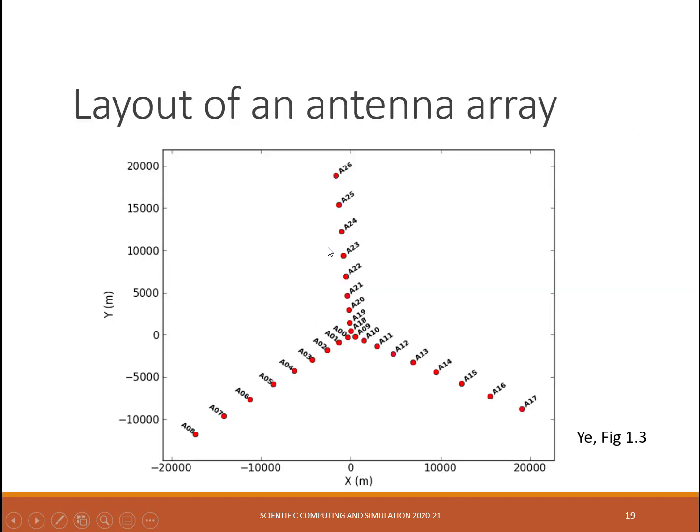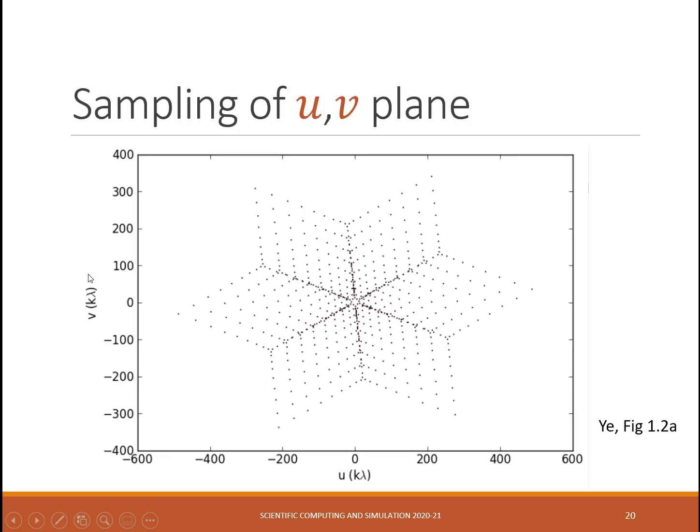This slide shows a possible physical layout of 27 antennas. The red spots here represent antennas, and antenna names are written adjacent to them. This plot here presents the coverage of UV plane. The plot shows all points in UV plane resulting from all possible pairs of the 27 antennas.